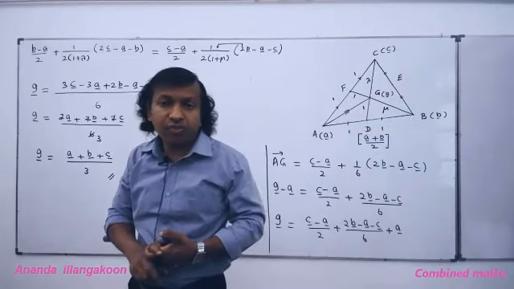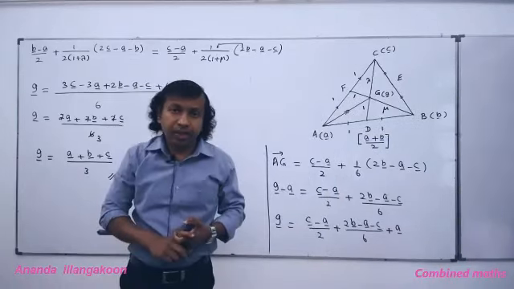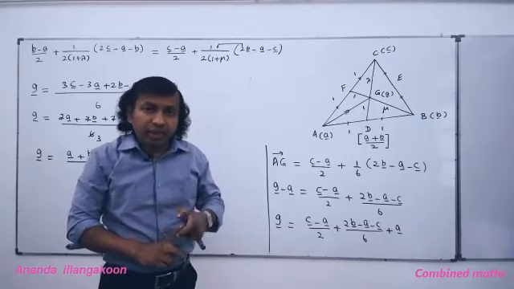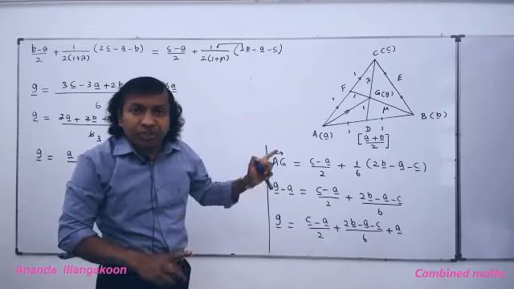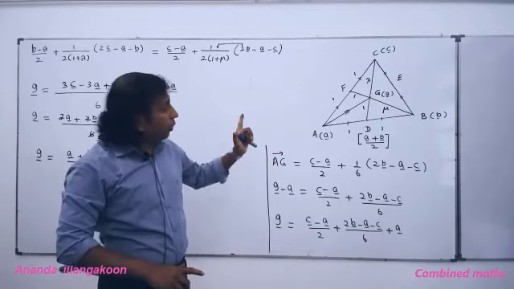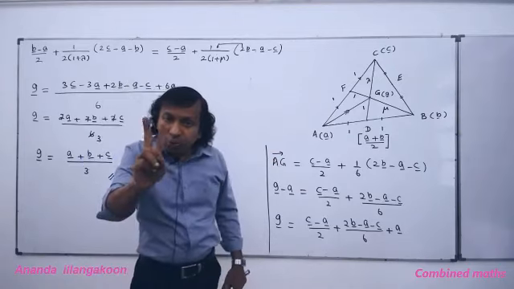The first part of the proof will be completed. Not only that, on the median AE also, we have to prove G divides it in the ratio 2 is to 1.